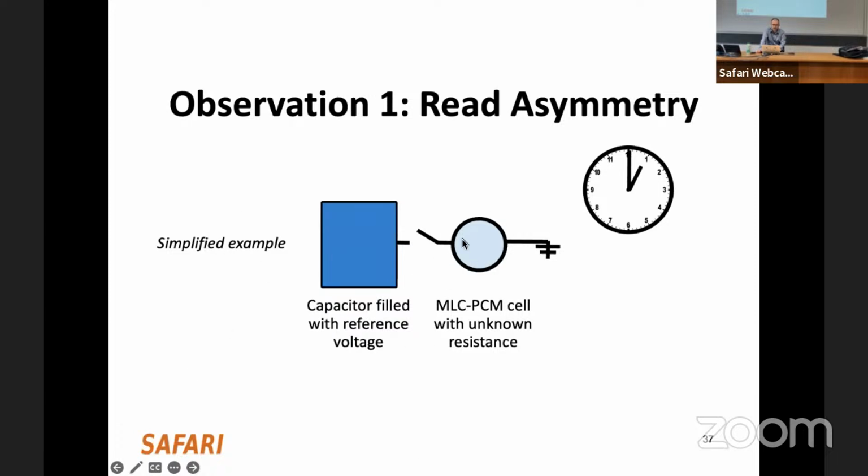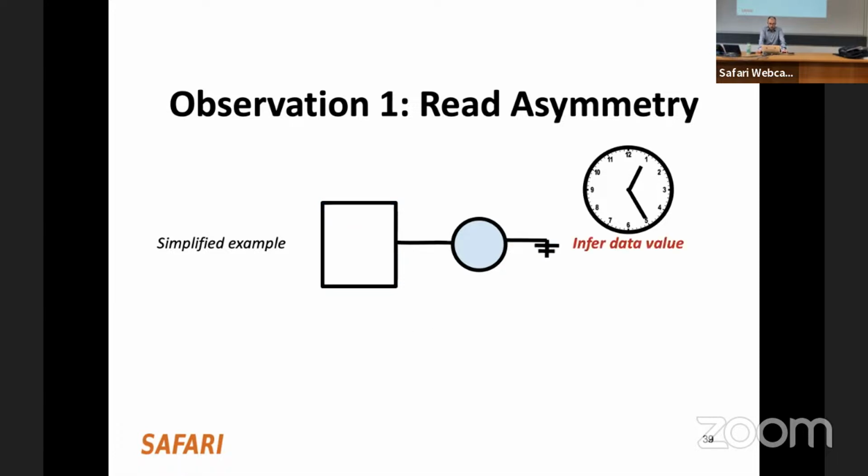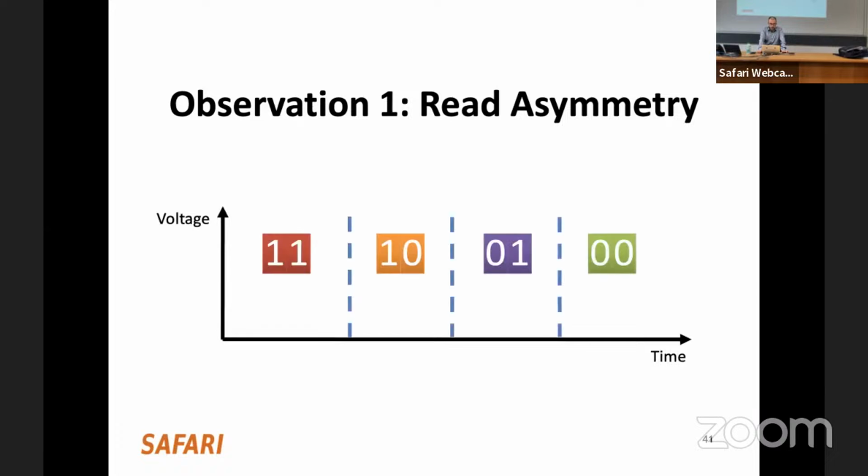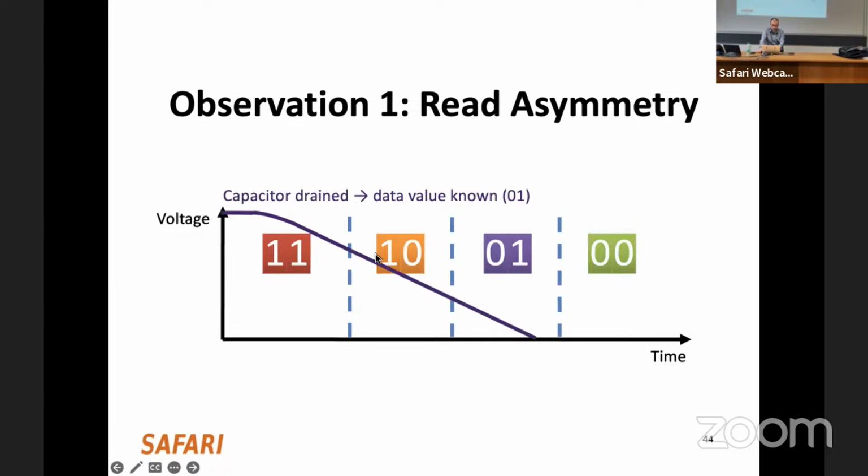Depending on the resistance, you might have different current, and that current would determine how fast this capacitor will be discharged. So here you can see this was the initial voltage of that capacitor, and we connect it, and then the amount of time it takes to discharge that capacitor, we can then encode to 0, 1 basically, right?